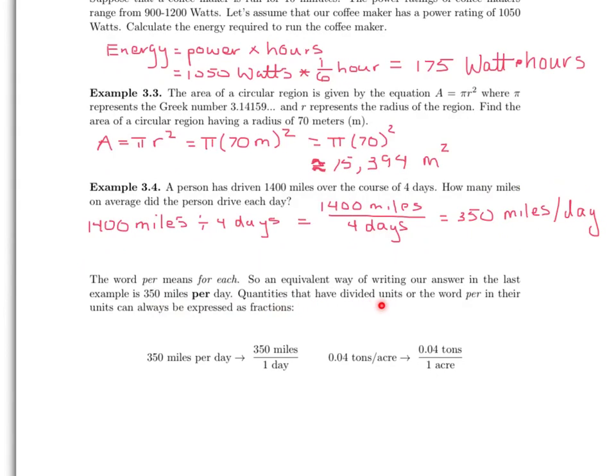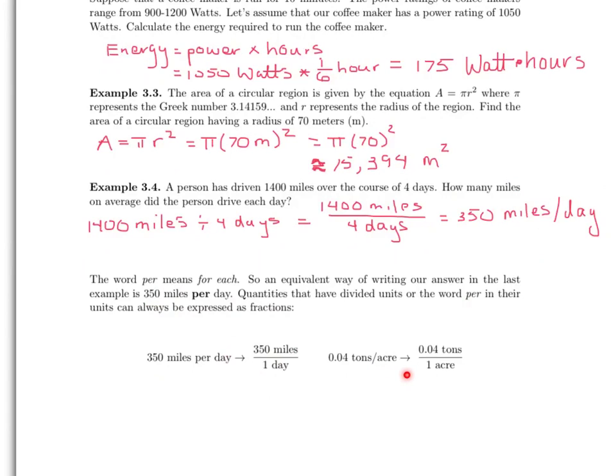Quantities that have divided units, like our example above, or use the word per in their units, can always be expressed as fractions. Here are a couple of examples. If we have 350 miles per day, which again is the same thing as what we have written here, we can write this in fractional form as 350 miles divided by 1 day. So this representation is equivalent to this representation is equivalent to this representation. They all mean the same thing.